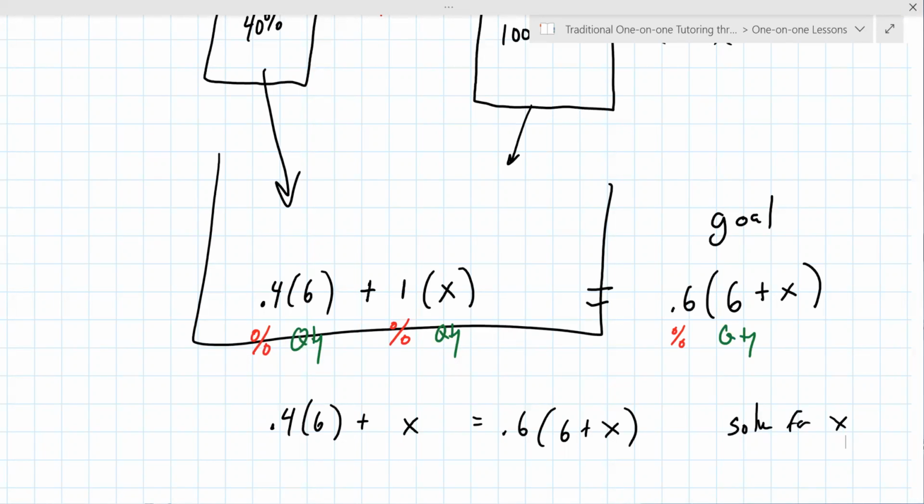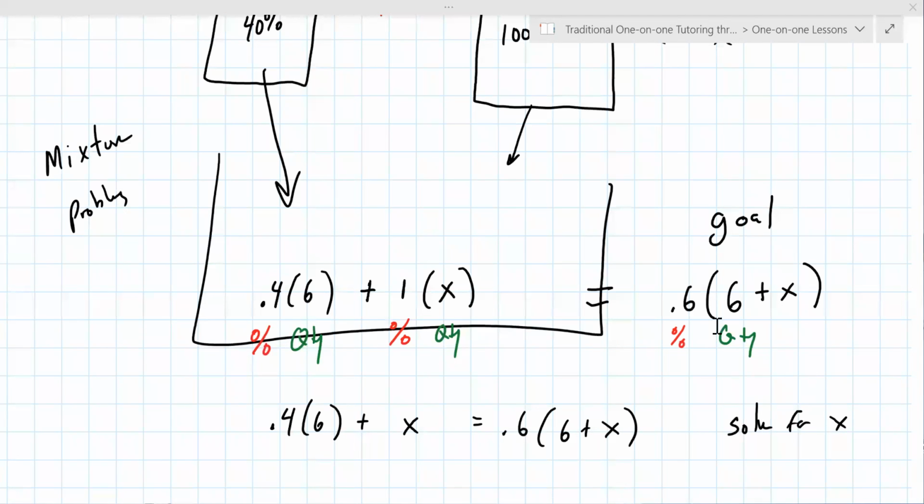These are the mixture problems, if you will. Maybe you've heard that before. I'm hearing some uncertainty, like how can it be this simple? It doesn't seem like it should be this simple, but it really is.